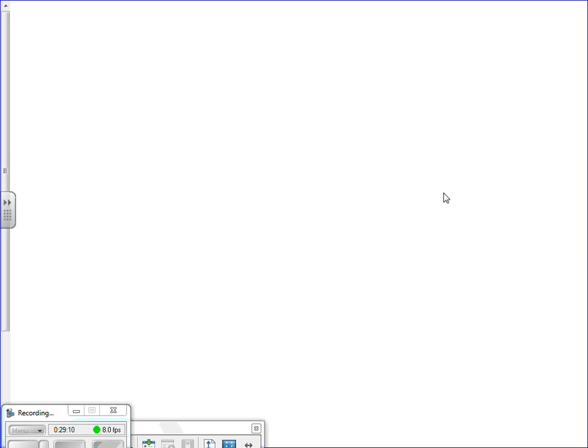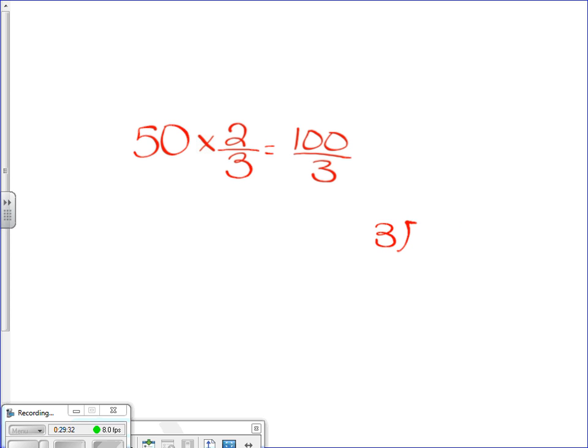A gardener has 50 pounds of soil. He used 2/3 of the soil for his garden. That is not going to go evenly. Well, it's not.